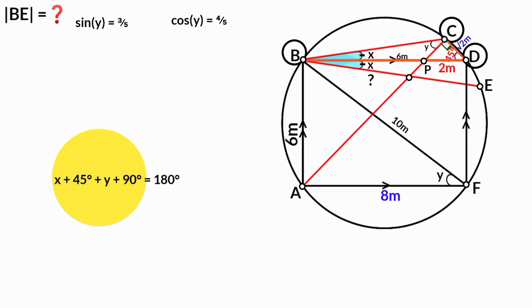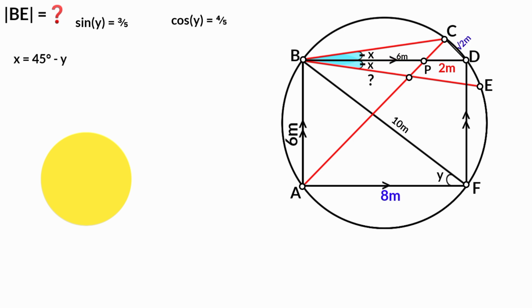Here 45 degrees plus 90 degrees is 135 degrees. Take 135 degrees to the right and also take y to the right. So x equal to 180 degrees minus 135 degrees minus y. 180 degrees minus 135 degrees is 45 degrees. So x equal to 45 degrees minus y.